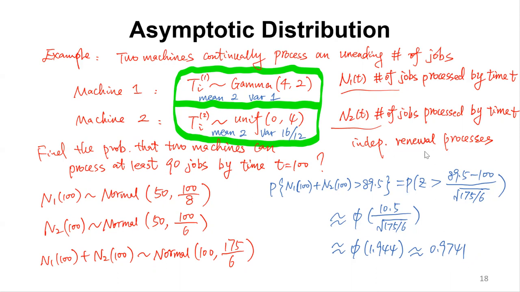If we check the standard normal distribution table, from probability theory, this will equal 0.9741.